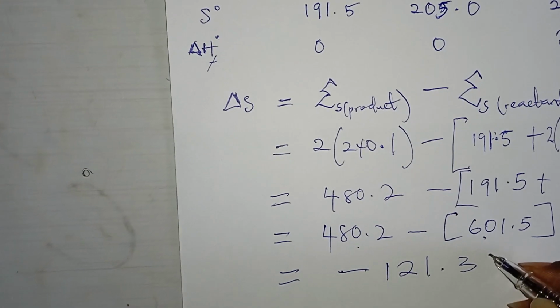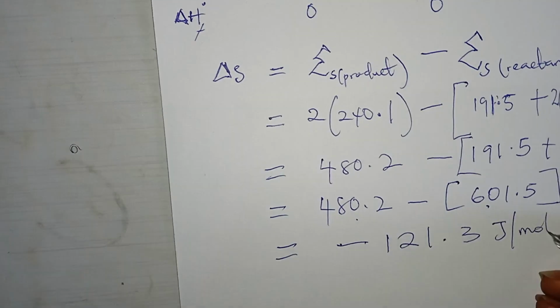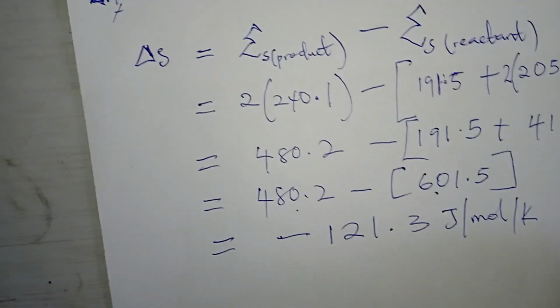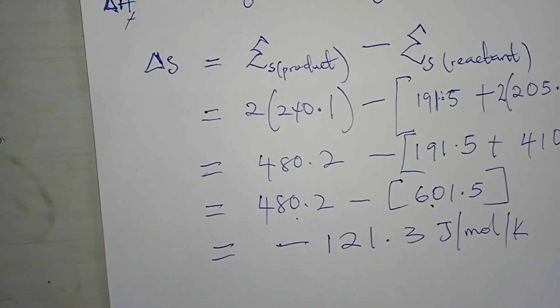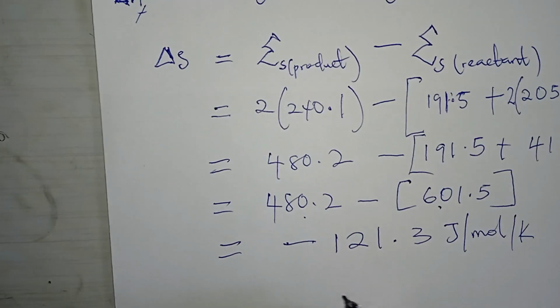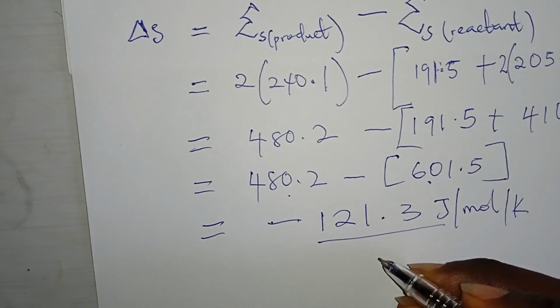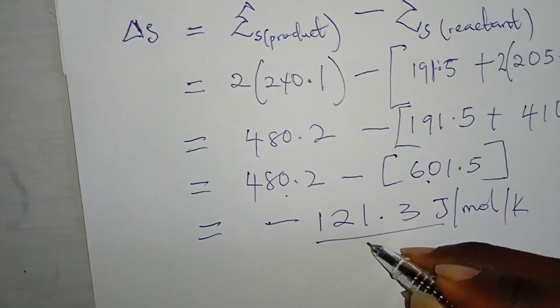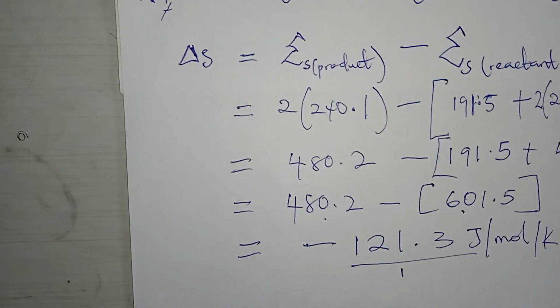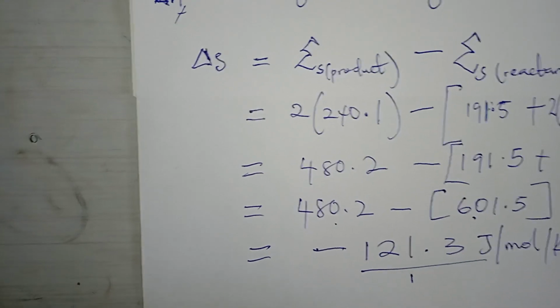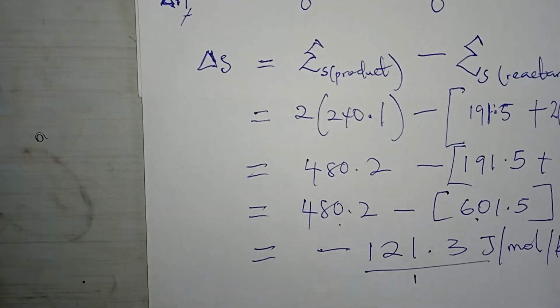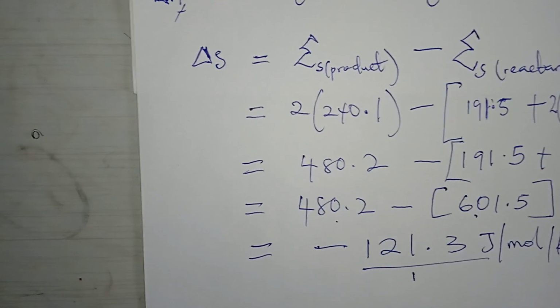And I told you that entropy is always in joule per mole per Kelvin. So let's do the conversion here so that it will be easy for us. If we want to convert this, we divide by 1000. Let me not convert yet because I have not multiplied it with temperature.